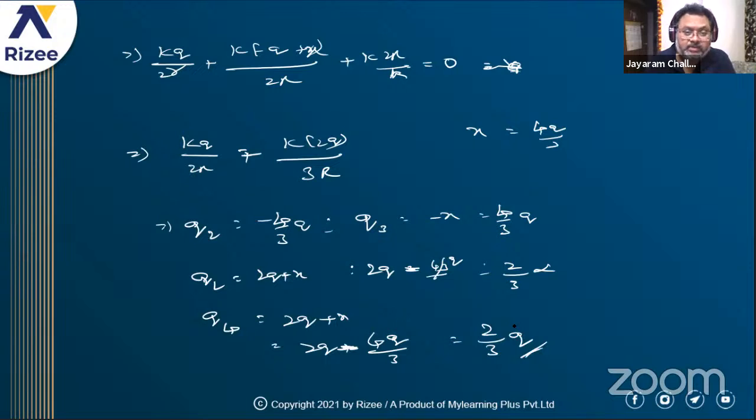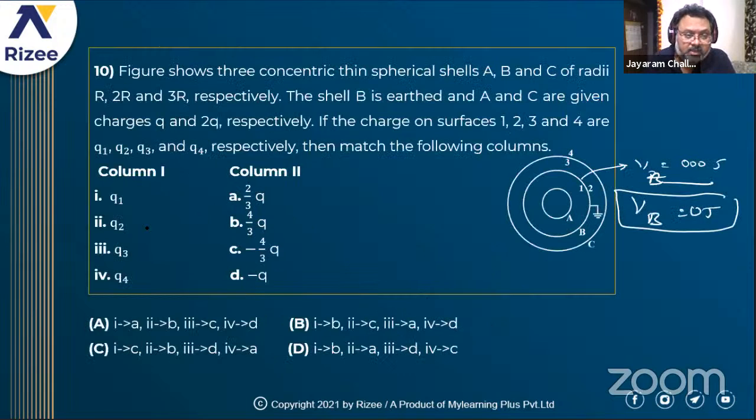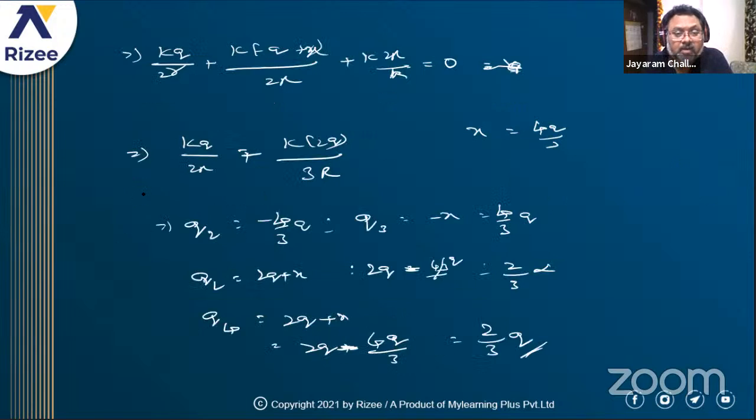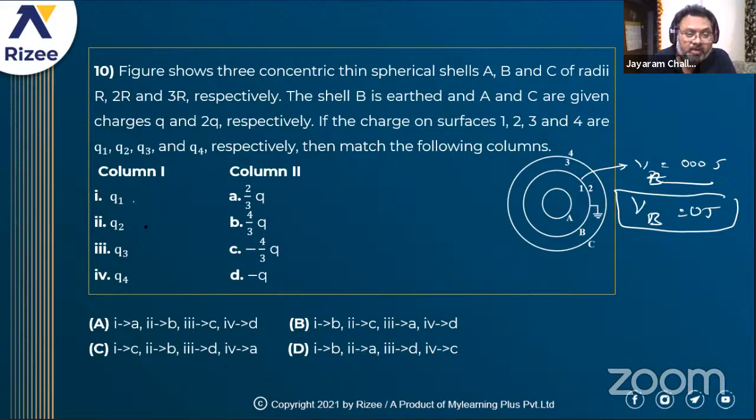So when you equate this one, it should be related to the Q1 value. The value of the Q1 we have got, and the Q2 value is minus 4 by 3. So Q2 value will be equal to minus 4 by 3. So next, the value of the Q1 should be equal to 0.